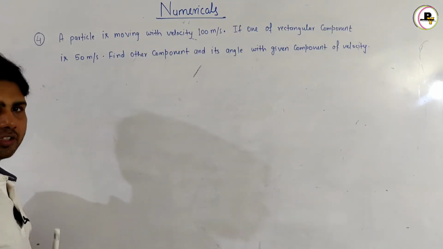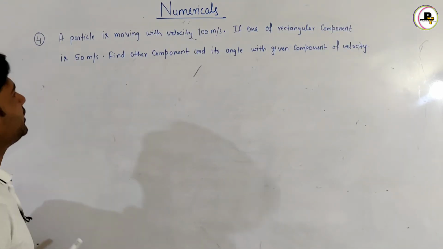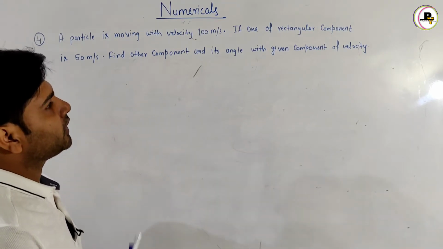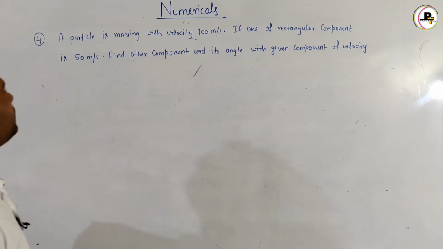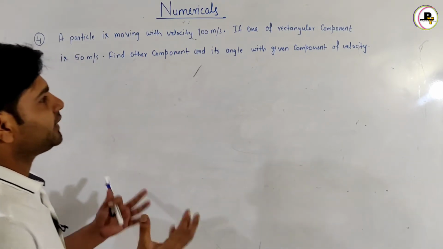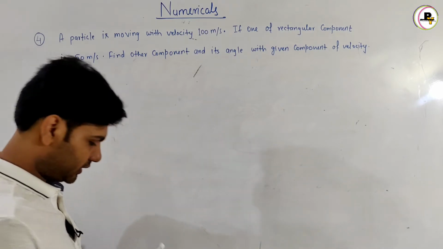So friends, what we have given in question number 4, we have given a particle is moving with velocity 100 meter per second. If one of its rectangular components is 50 meter per second, find the other component and its angle with the given component of velocity.